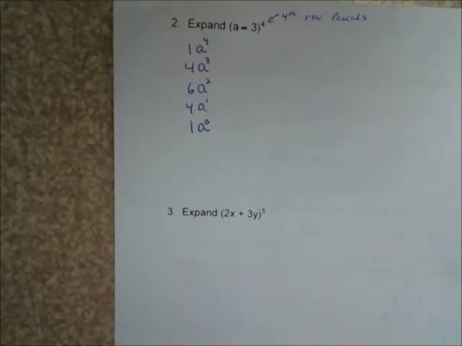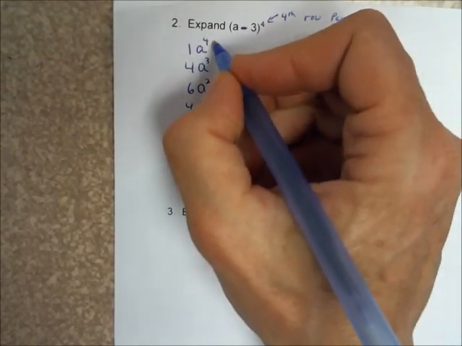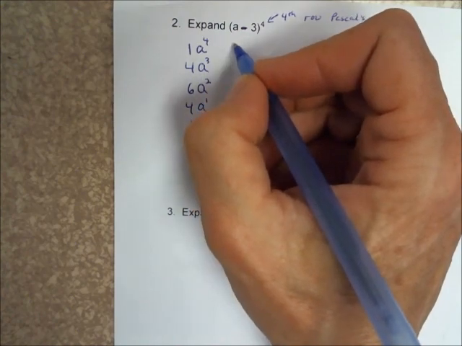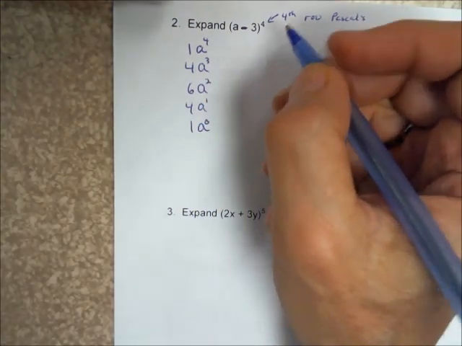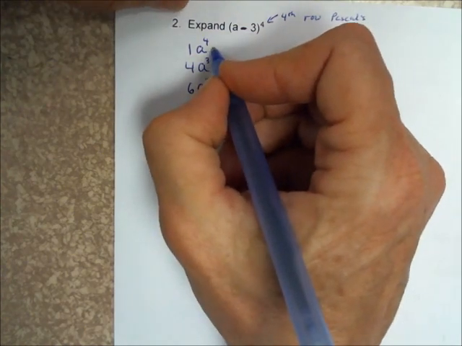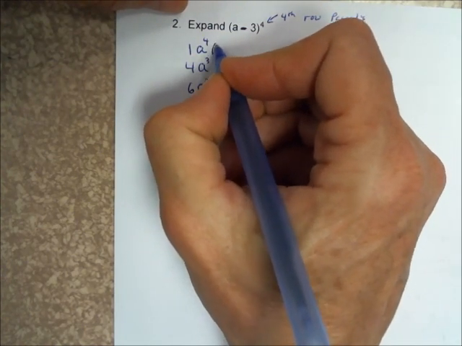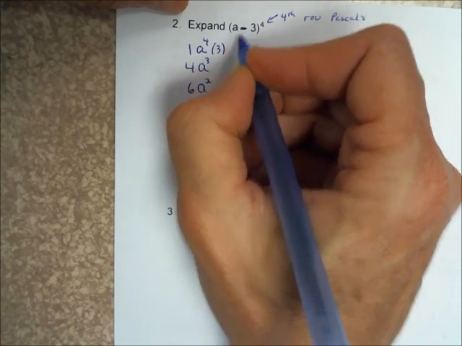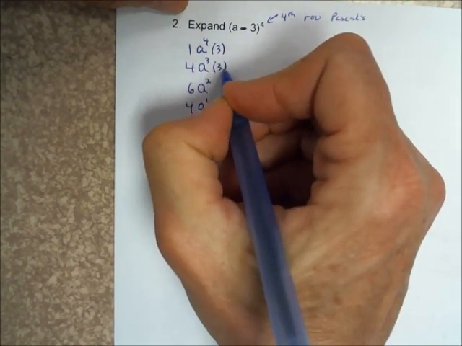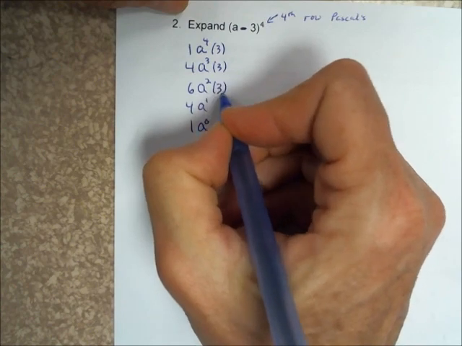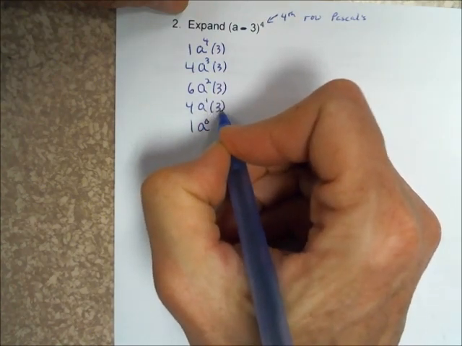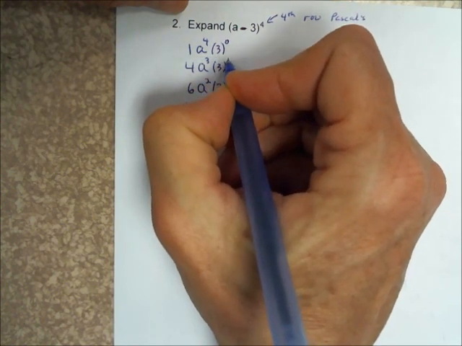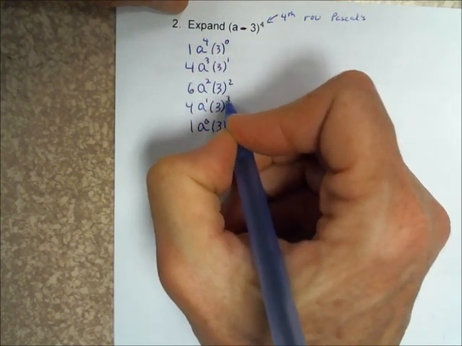The next thing you can do is take a -3 and put it in parentheses and raise it to a power, or what I like to do is take this as a +3, and I'll show you how we account for the minus. I'm going to put the 3 in parentheses just to show that it's multiplication, and the 3 gets raised to the 0, 1, 2, 3, and 4.